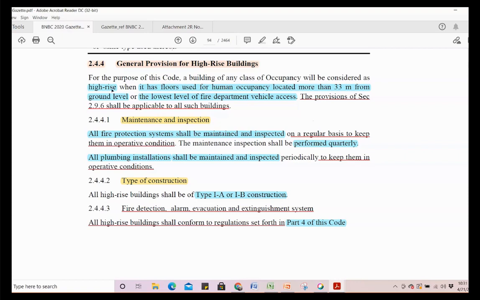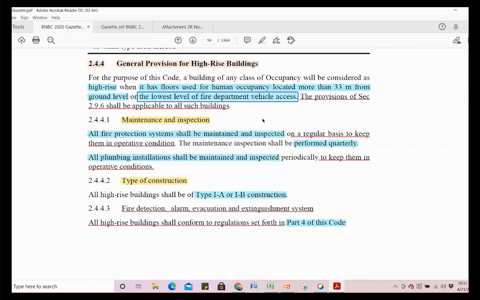One is a high rise which has floors used for human occupancy located more than 33 meters from ground level. So that is one definition for high rise. Or there is another definition, the lowest level of fire department vehicle access.